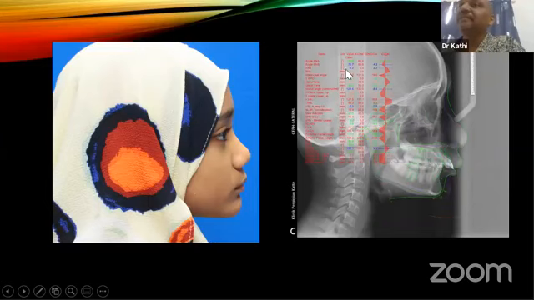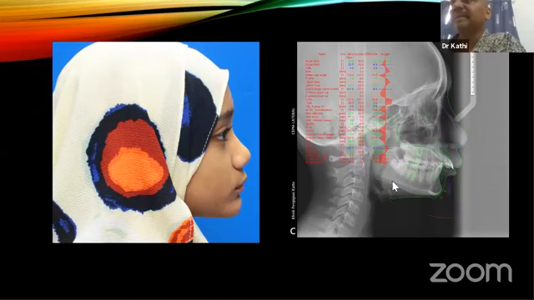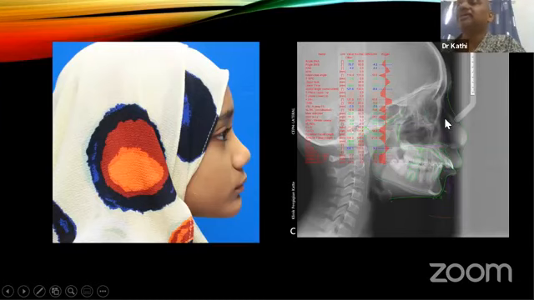Sagittal means anterior-posterior. Wits appraisal is by the great professor Dr. Jacobson from South Africa. He found that this analysis avoids those problems of SNA and SNB. So commonly in the orthodontic circle, we use both Wits and ANB to check the discrepancy of the maxilla and mandible and how they relate.